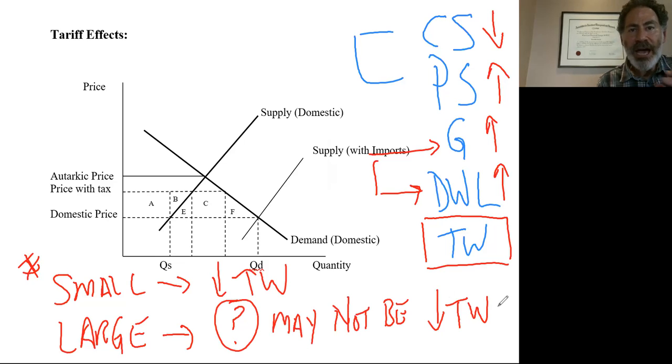Either of these types of answer choices I could see coming. So the language is there may not be a decrease in the total welfare, or it's inconclusive. So we're not sure. That's how I think they're going to put it on the exam. So we've got to know these qualitative items from the tariff.